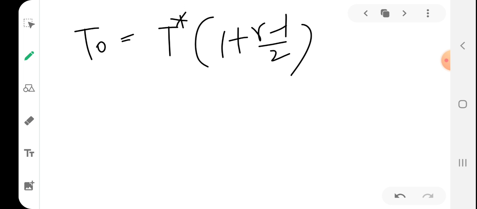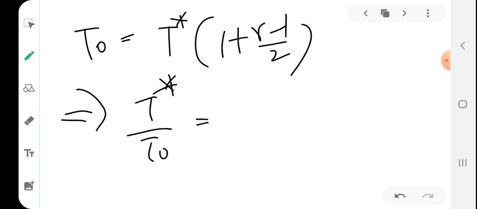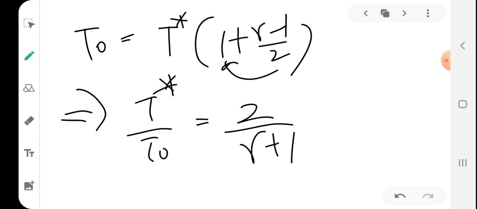So the equation will become T0 equals T star into 1 plus gamma minus 1 by 2, as I'm putting Mach number as 1. So T star by T0 equals, if you take 2 here, 2 by 2 plus gamma minus 1, so it will become 2 by gamma plus 1.